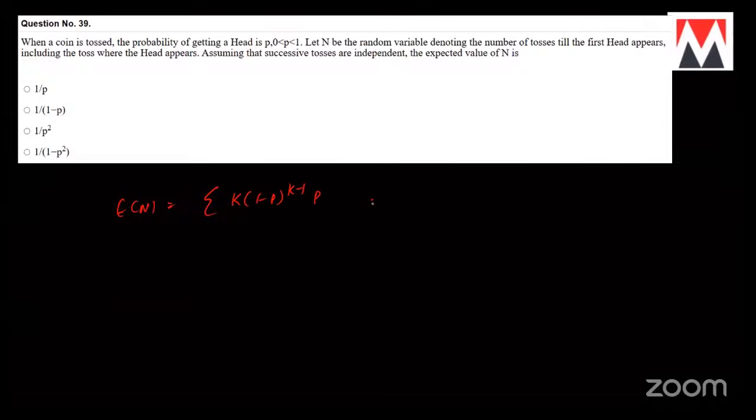What does this mean? Suppose first time itself the head has appeared, so it will be p. Suppose second time, (1 minus p) into p.